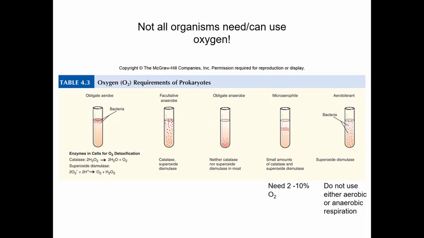Microaerophiles need a small amount of oxygen, typically somewhere between 2 and 10%. What's atmospheric oxygen concentration? Somewhere like 18 to 20%, okay? These microaerophiles are not growing on your desk. They're not growing in the toilet.